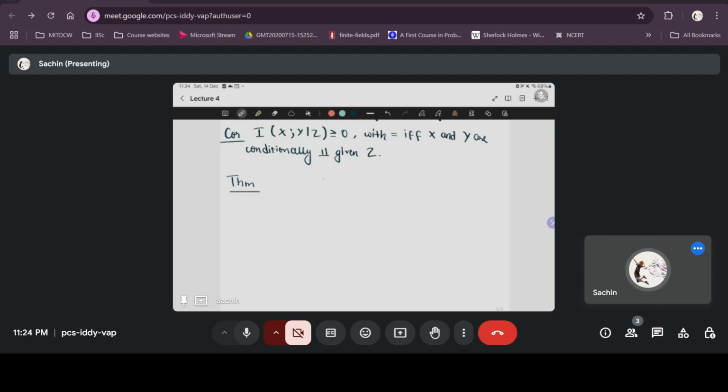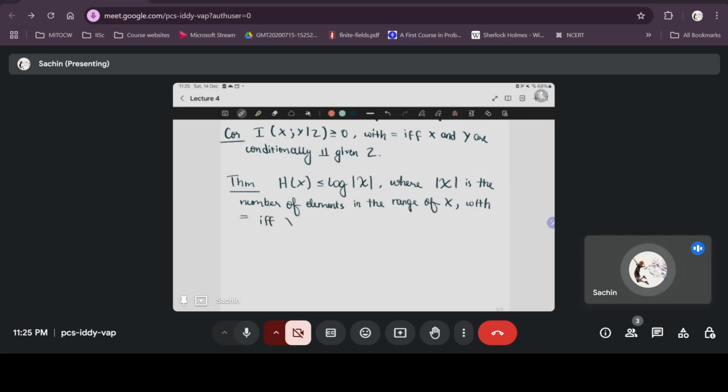And this theorem says the entropy of a random variable is less than or equal to log of the cardinality of the alphabet, where the cardinality of script X is the number of elements in the range of X. And the equality holds if and only if the random variable X has a uniform distribution.